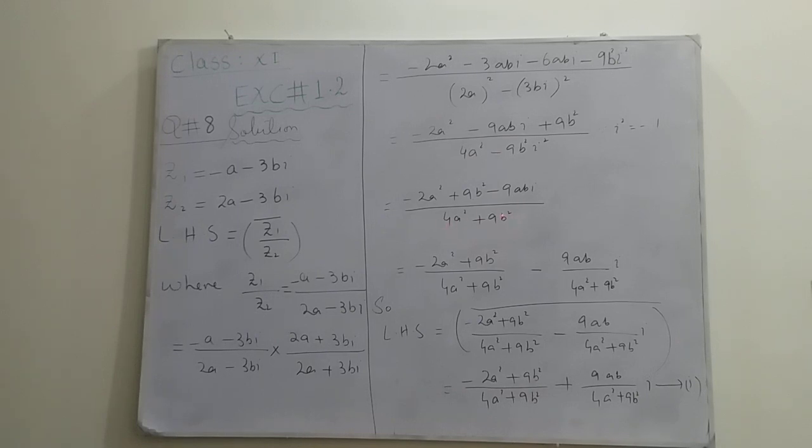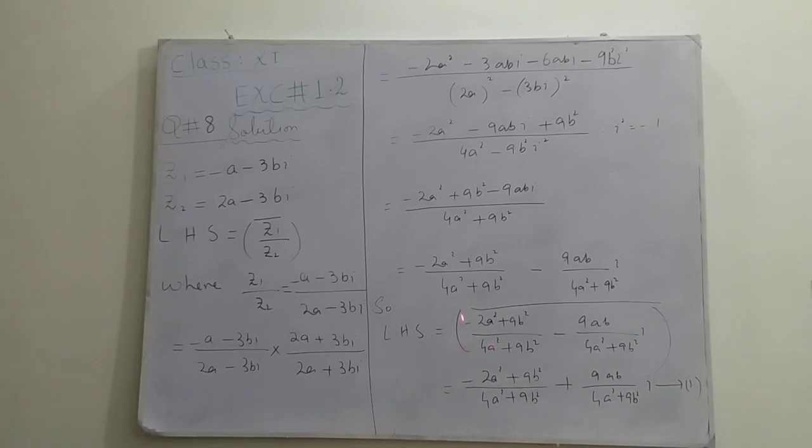Dividing 4a² + 9b² with the real part -2a² + 9b², and then with the imaginary part -9abi. So the left hand side is equal to (-2a² + 9b²)/(4a² + 9b²) - 9ab/(4a² + 9b²) i, whole conjugate.